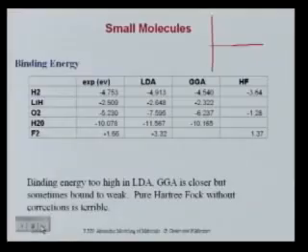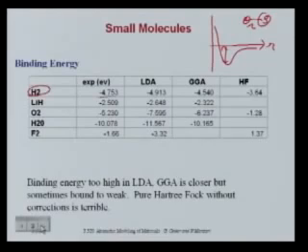If you think about it, you have a molecule A, B, and this is the vector between them. You'll have something that looks like this, and we're looking at the well depth here, the binding energy. If you look at hydrogen, H2, you have the experimental number here, the LDA number.